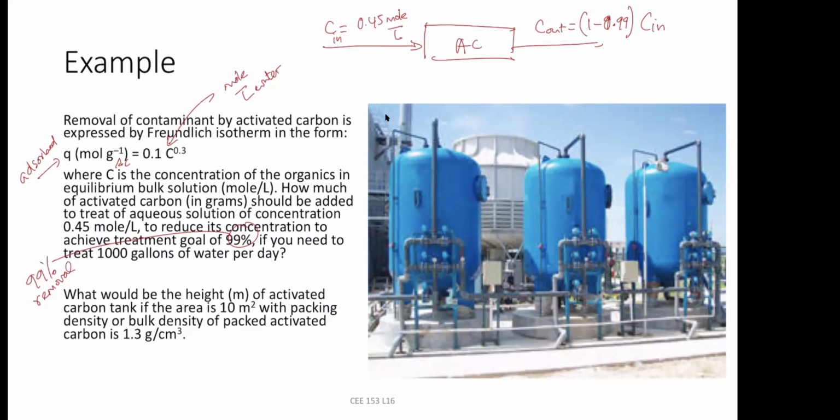So only 1% remains. That will be 0.01 C in, which is 0.01 times 0.45 moles per liter, which will be 0.0045 moles per liter. Okay, so that's the effluent.